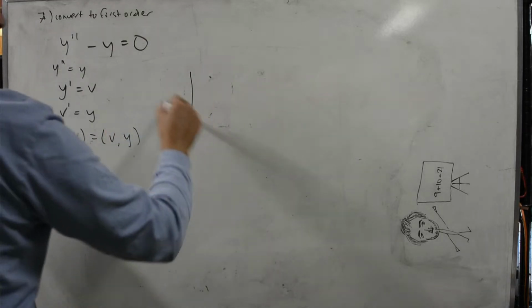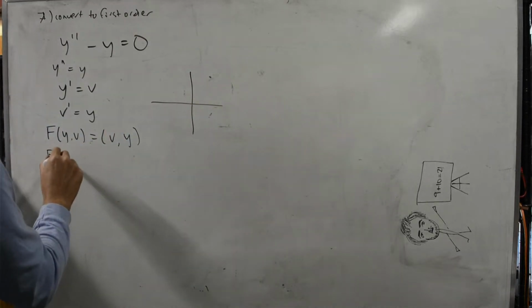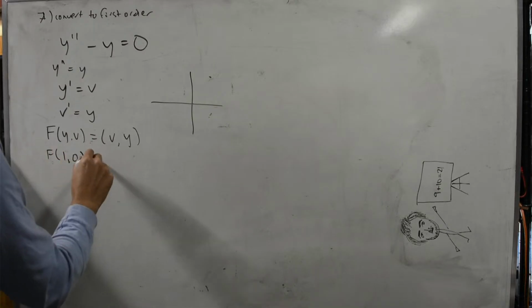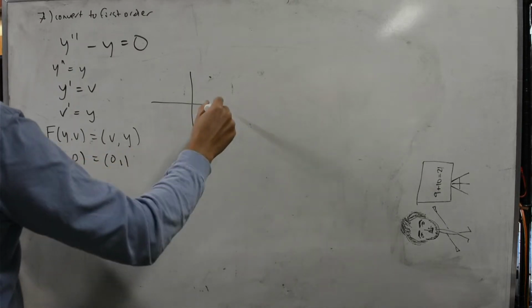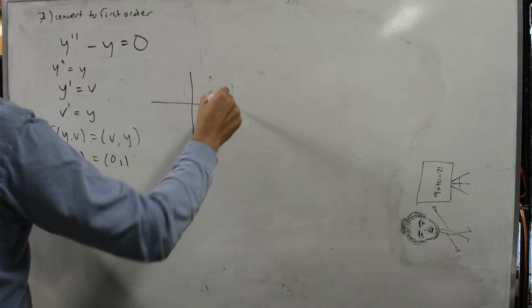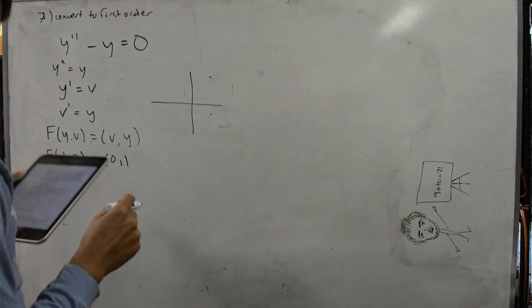So if we're at (1, 0), it's going to equal (0, 1). Wait, did I do this wrong the other time?